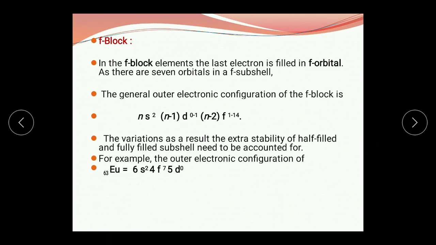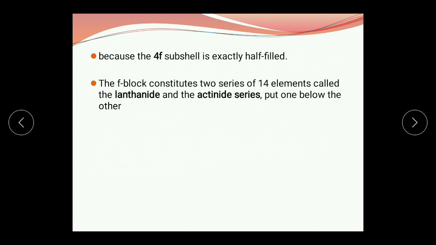And instead of 6s2, 4f6, 5d1, it gets 6s2, 4f7, 5d0. Otherwise, generally ns2, (n minus 1) d1, (n minus 2) f 1 to 14 will be the electronic configuration of f block elements.